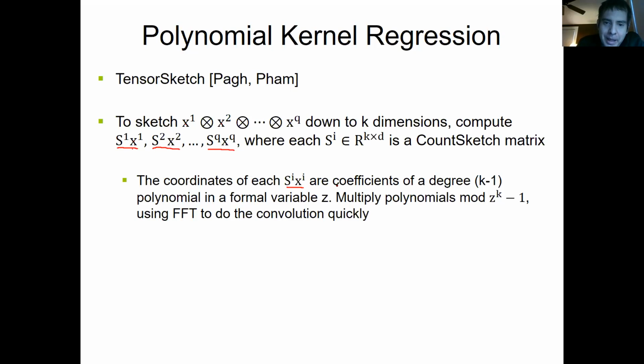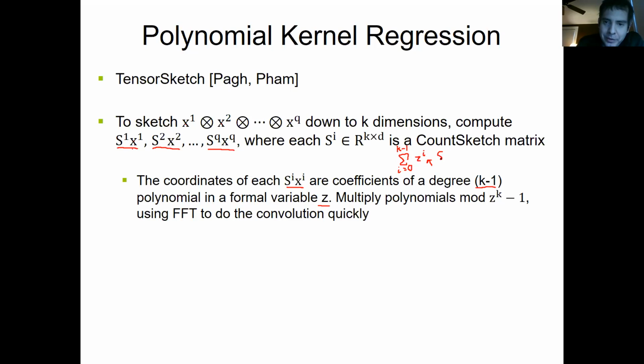and think of them as coefficients of a degree k-1 polynomial in some formal variable z. Okay, so I can write down a polynomial which is degree k-1 in the formal variable z, and the coefficient here is just the entry of this.